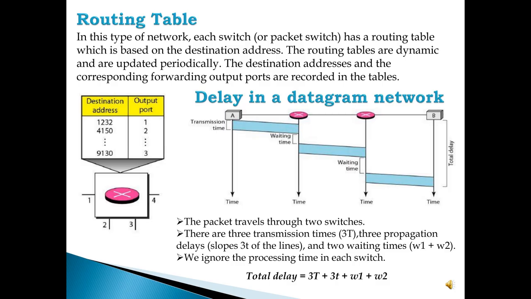When the data reaches the first router, it takes some time, and that particular time is called the waiting time. When the first router finds the specified destination, that particular router belongs to the sender. So the first router sends that data to router 2.